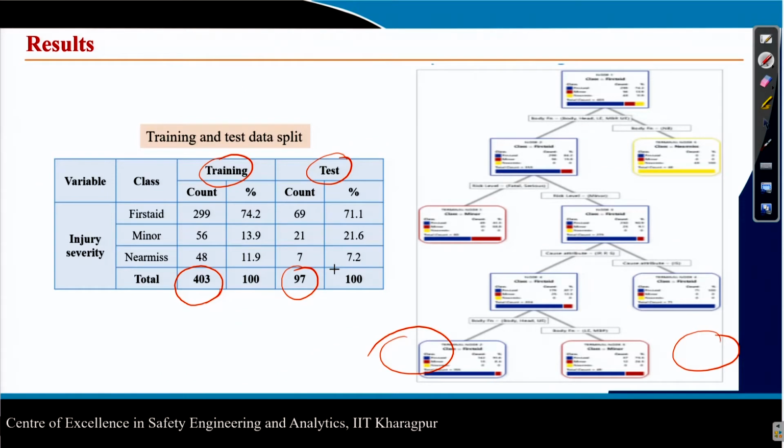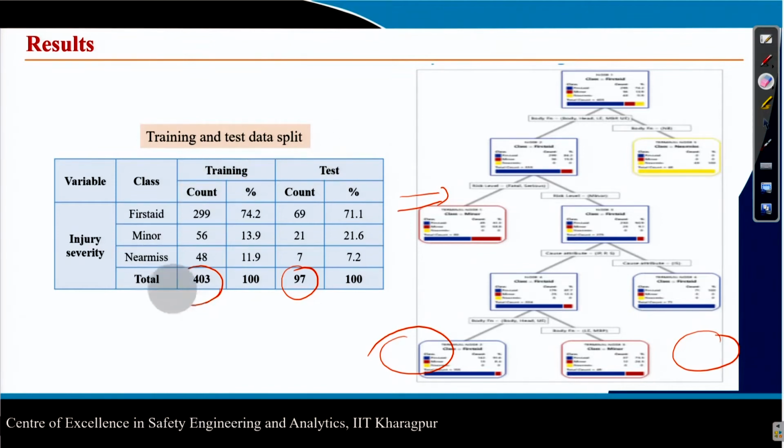So that sense. And on the right hand side you are not able to visualize it properly, but this is basically the output of the CART algorithm classification tree. We followed binary branching. Okay.